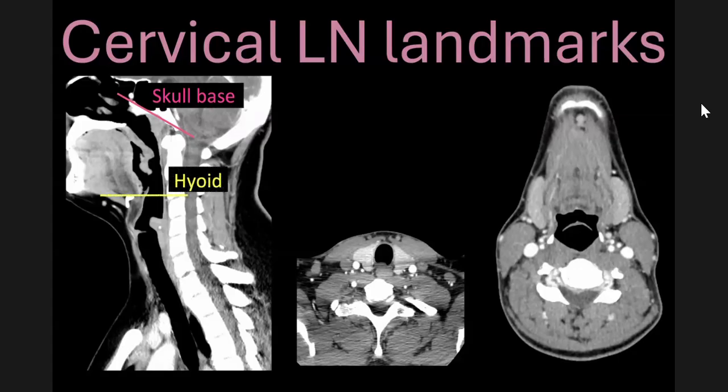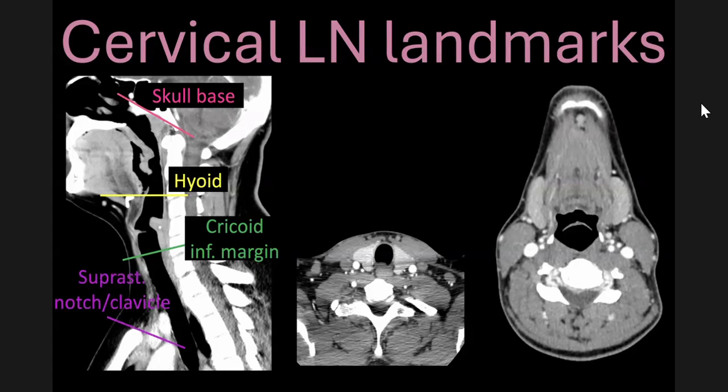Then we have the hyoid bone. Then down below, we have the inferior margin of the cricoid cartilage. That's very important to remember: when we are talking about the cricoid cartilage, we are talking about the inferior margin of the cricoid cartilage. Then we have the suprasternal notch or the clavicle. So these are the supero-inferior anatomic landmarks that will be important, as you will see in subsequent slides, for dividing these lymph nodes into different levels.